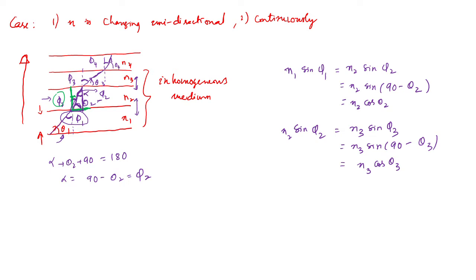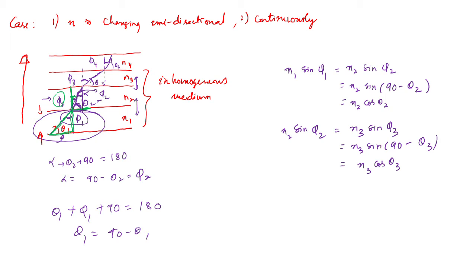Now if I look at the first medium n1, let us look at the angles in this triangle. We would have theta 1 plus phi 1 plus 90 equal to 180, or I can write phi 1 as 90 minus theta 1.